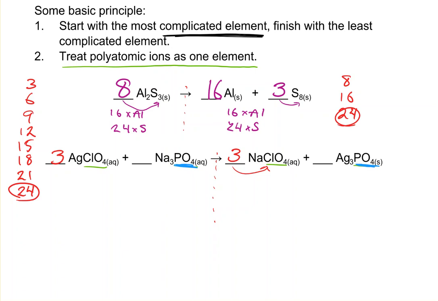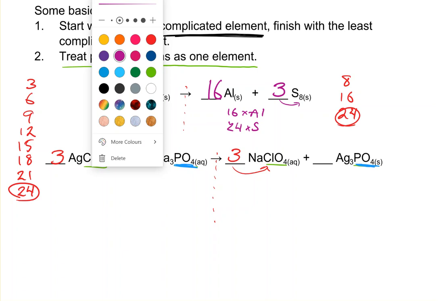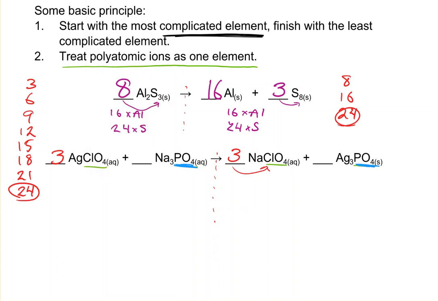Let's just double check, just because we want to double check. 3 silvers on this side, 3 perchlorates on this side, 3 sodiums on this side, and 1 phosphate, 1 PO4 phosphate.